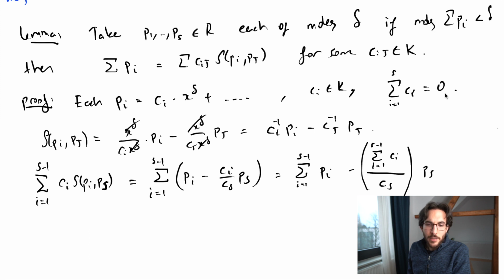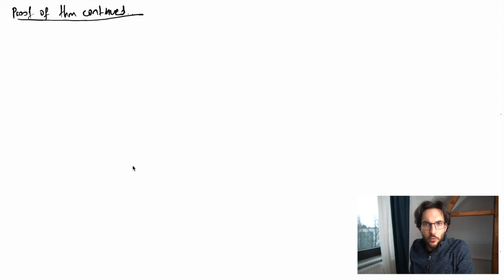Therefore, minus c_s is in fact equal to this partial sum. So this coefficient is 1. And that concludes the proof. So I've given one representation. So my c_ij's ended up being c_i's or zeros. Okay, then let's continue the proof of the theorem with this slight interruption.